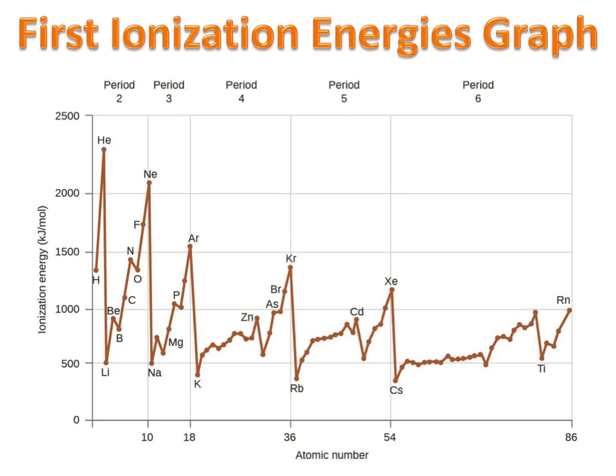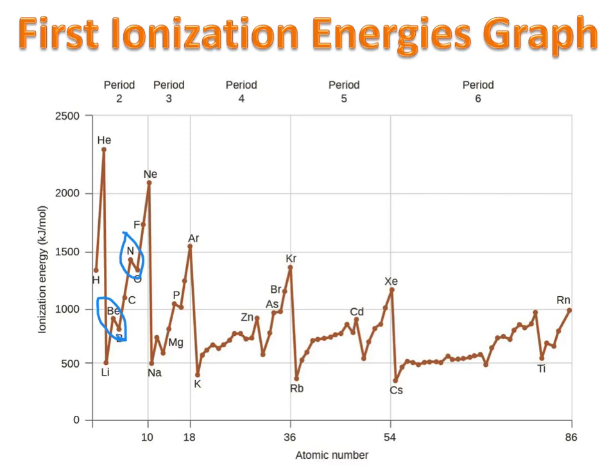Graphically, you can see the bumps in the trend. Here's the beryllium boron decrease from group 2 to 13. Here's the nitrogen oxygen decrease from 15 to 16.